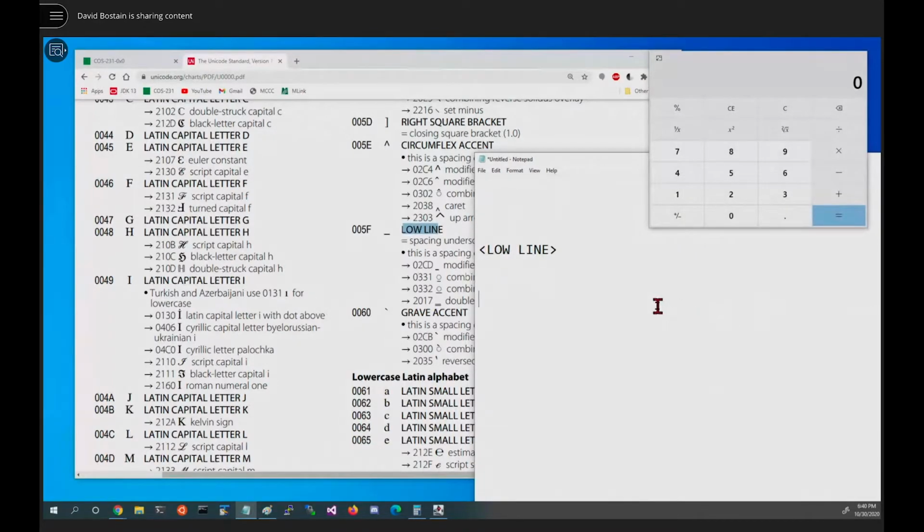Any question about that? Let's now think about code points for a second. Let's say somebody gave me the code point, an easy one, 3, 4, 5, 6, 7.